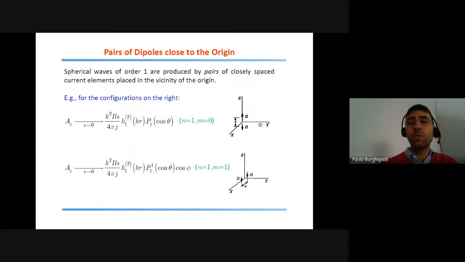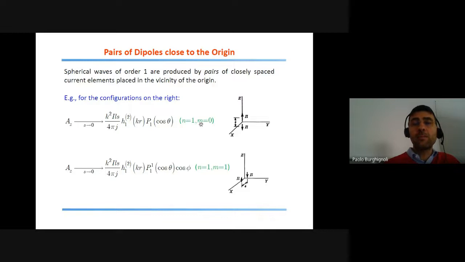For example, if you employ two opposite directed current elements separated by distance s close to the origin along the z-axis and parallel to the z-axis, then the vector potential that would be produced by those two sources in the limit when their spacing goes to 0 can be shown to be proportional to a spherical wave function of order 1, in which you have a spherical dependence in terms of h1 and Legendre polynomial P with order 1 and argument cosine of theta. So in this case, the indices would be n equal 1 and m equal 0.